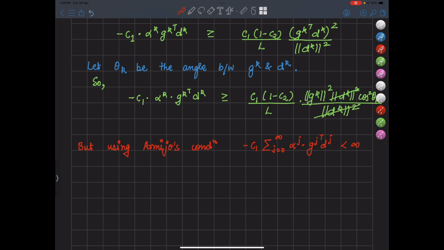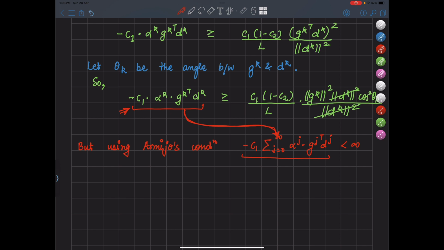It's a finite number, and this is one of the terms of this series, correct?